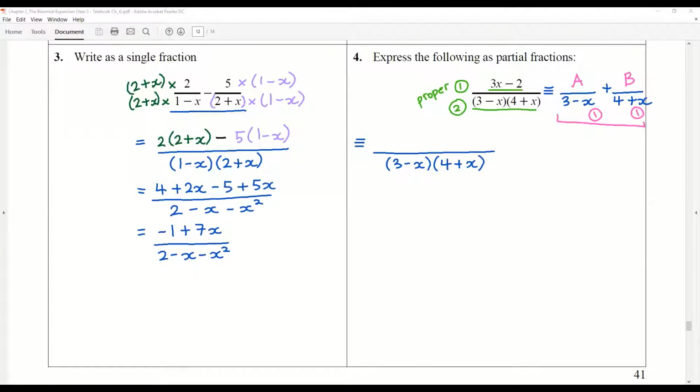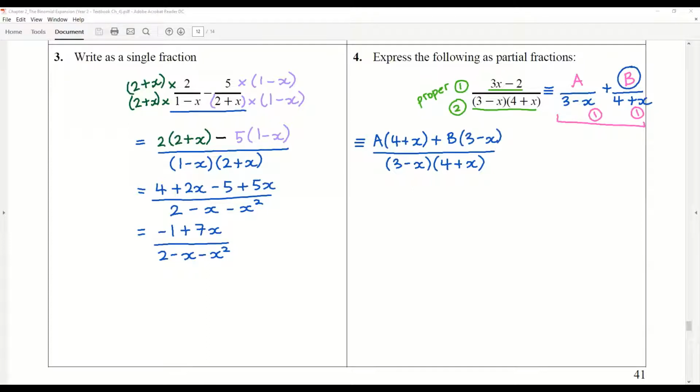Then we have to find equivalent fractions for each of these. So we have A, and the missing factor is, of course, 4 plus x. So that's going to go in there. Add B over here. The missing factor in the denominator is 3 subtract x. So we have to multiply it by that.